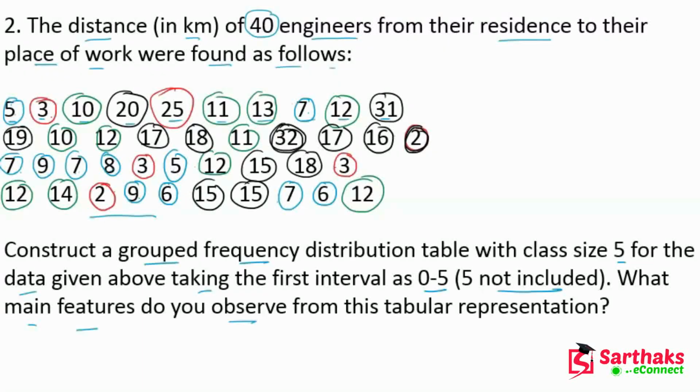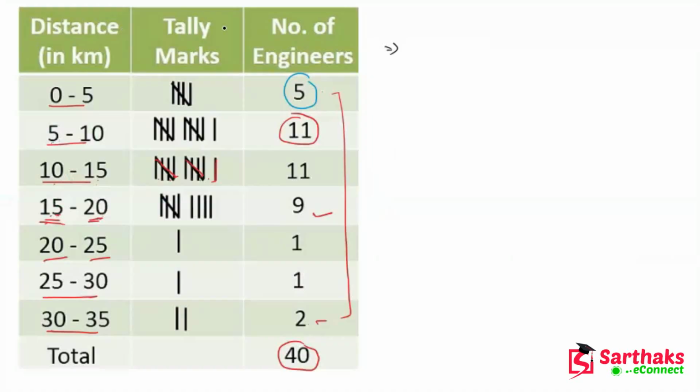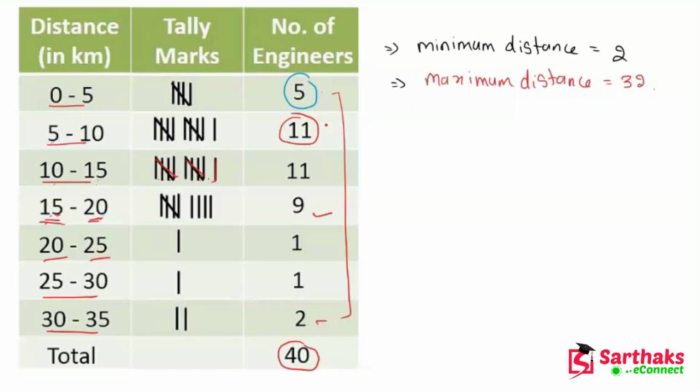So here we can write, the minimum distance is 2, and the maximum distance is 32.